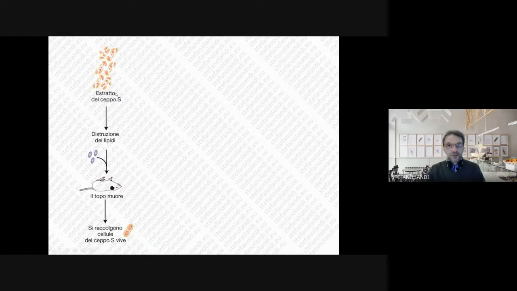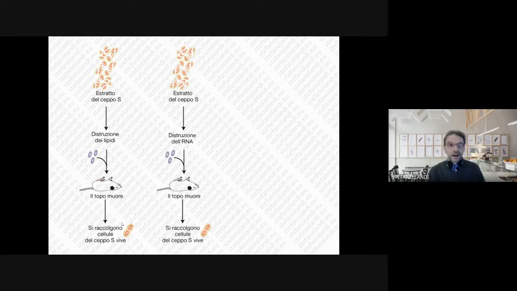The same thing could happen when the extract of the strain S was removed of the fraction containing lipids. Still, the transformation could occur and the strain R would become strain S, inheritably stable. Then there was the possibility to discriminate between RNA and DNA among the nucleic acids.